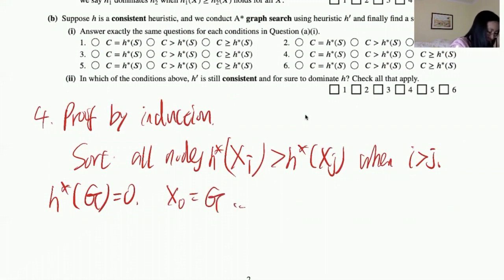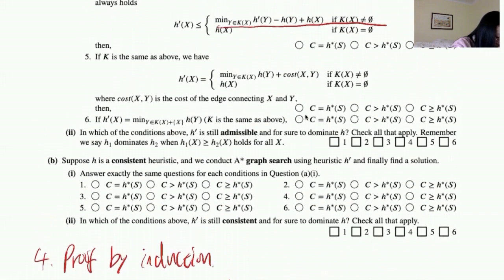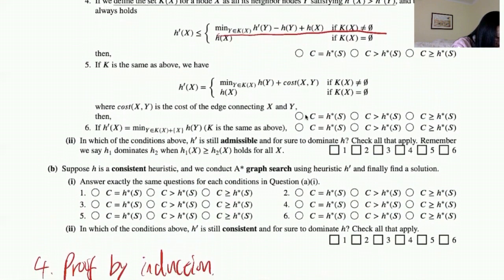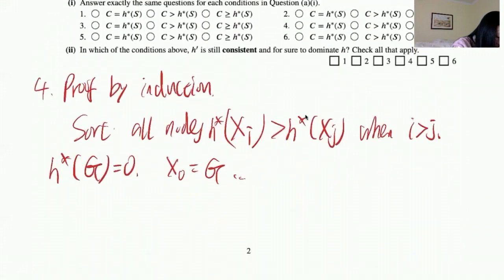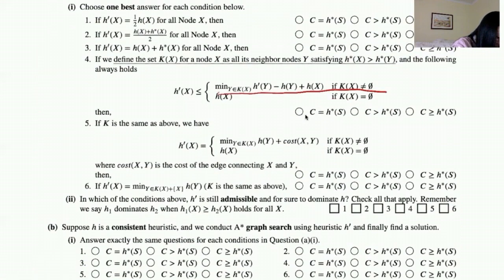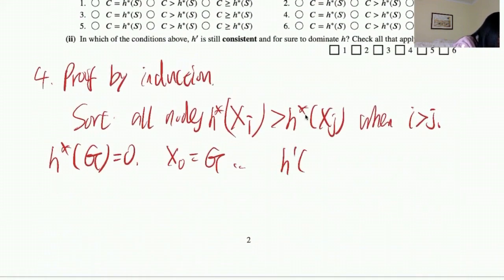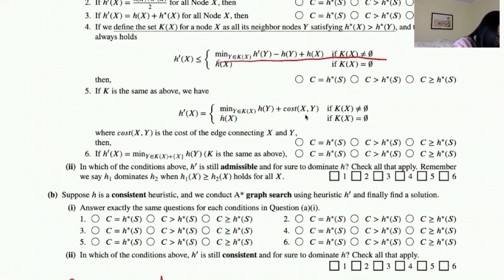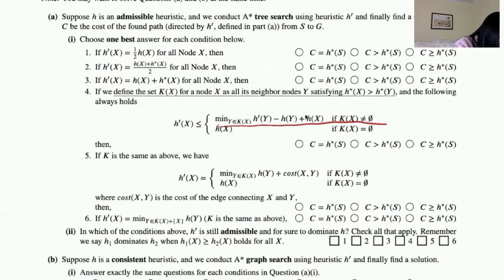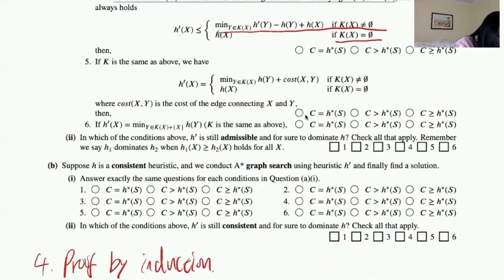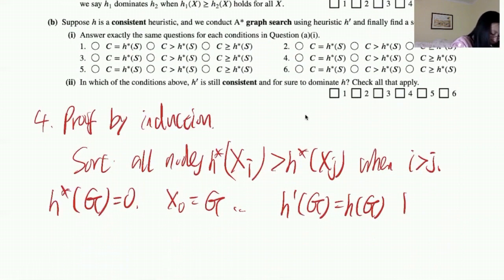And we know that when X is equal to g, H prime of g will equal H of g, because in the case of g, K of g will be empty, right?